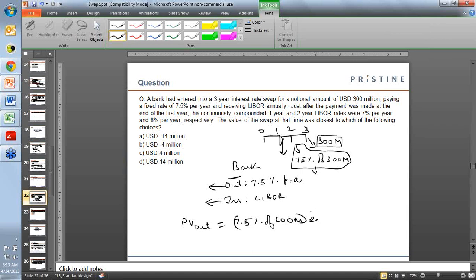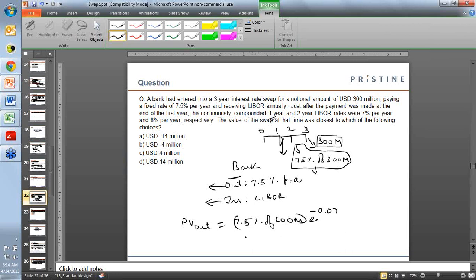So the rate we'll be using is the continuously compounded 1-year LIBOR rate, which is 0.07, and the number of time periods is 1, so we'll just have this.